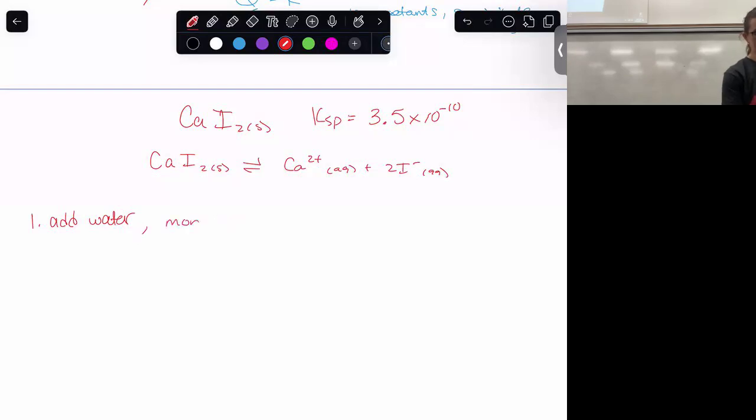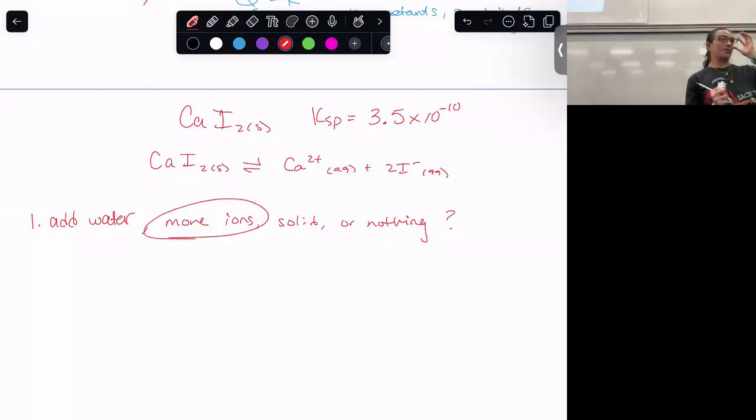So let's see, more ions, solid, nothing. And you said more ions. And why does that happen? The KSP is based on concentration. Yep.